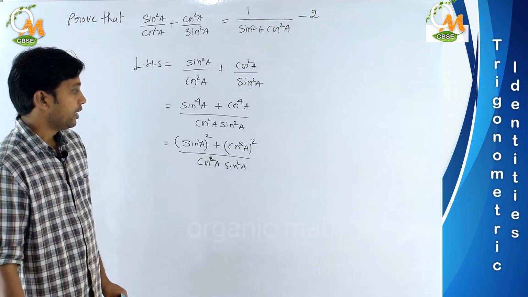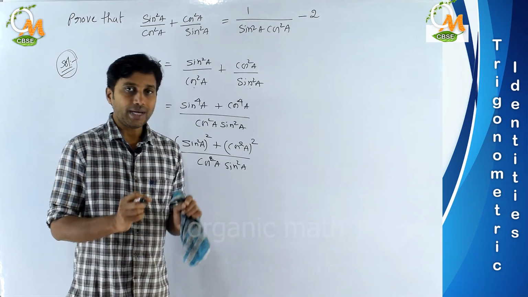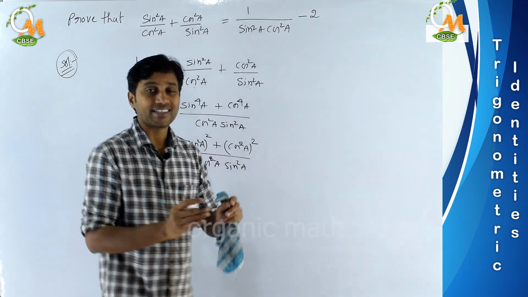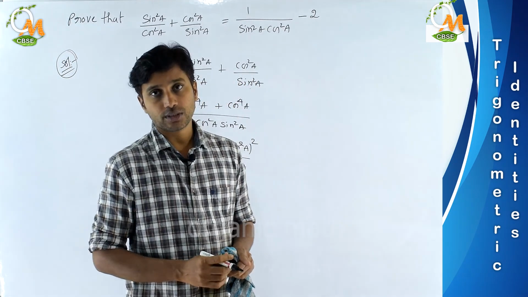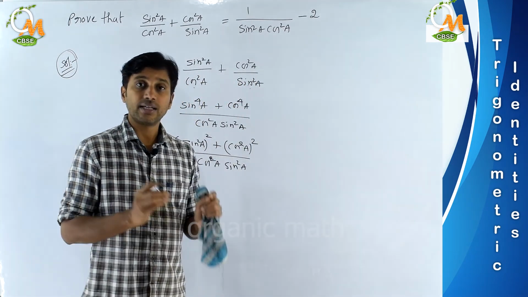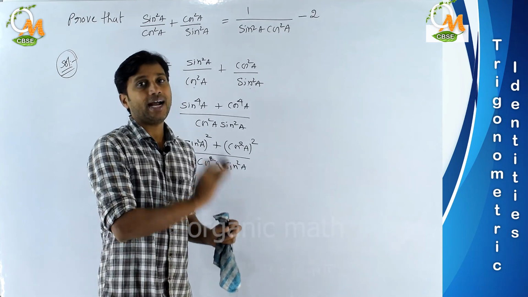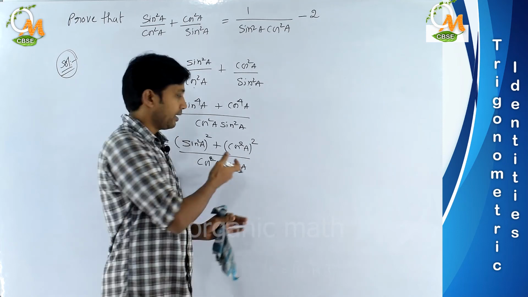Now, in the numerator part, I want to add and subtract 2 sine square a cos square a. Why do I want to do this? To adjust this into the form of (a plus b) whole square, I want to add and subtract 2 sine square a cos square a in the numerator.